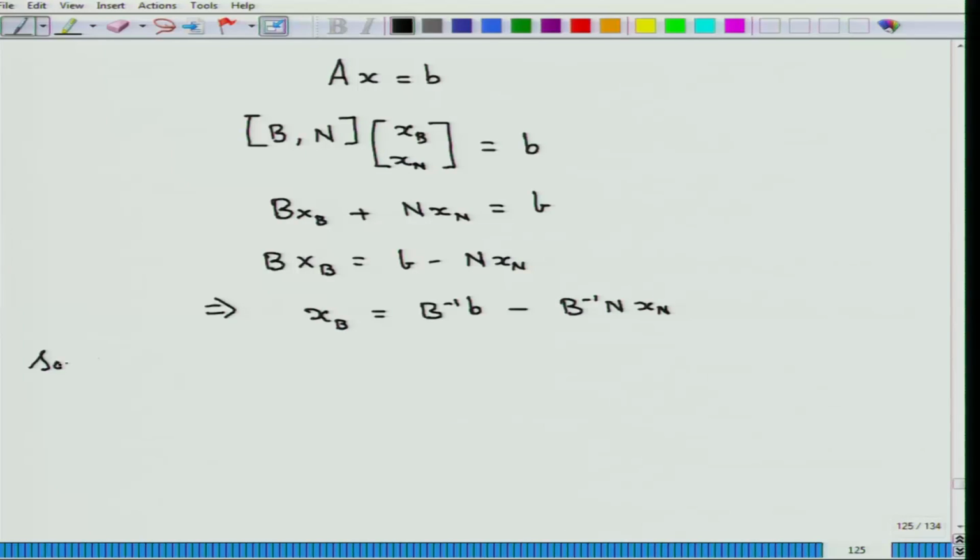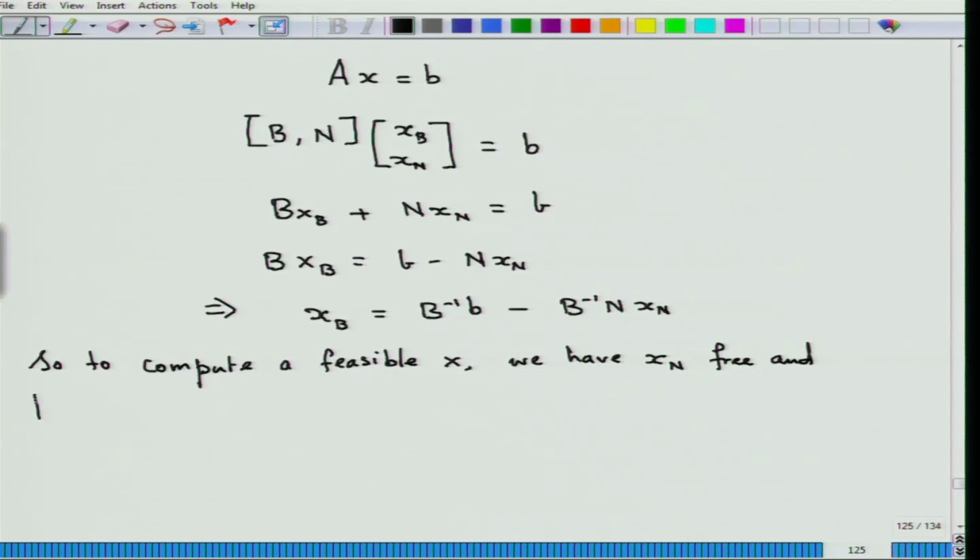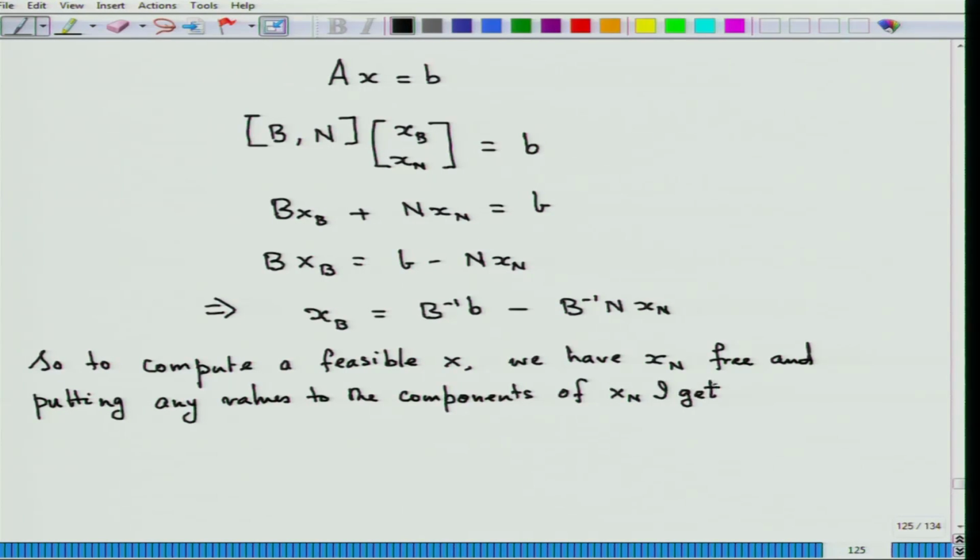So, to compute a feasible x, we have x_N free, and putting in any values to the components of x_N, as I desire, I get the vector x_B. This is clear to everyone.